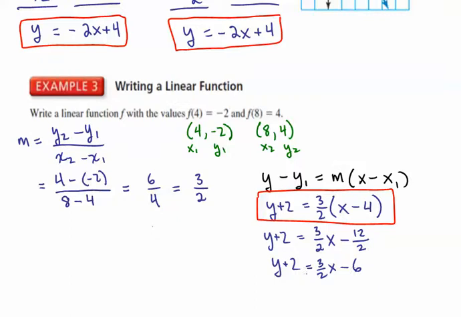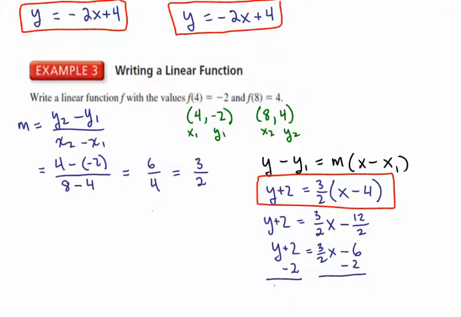The only thing I need to do at this point is subtract 2 on both sides, and I end up with y is equal to 3 over 2 x, sorry, it's negative 6 minus 2, which is minus 8. And so that is the slope-intercept form. You can say that's a linear function because if I know what x is, I can calculate easily what y is.